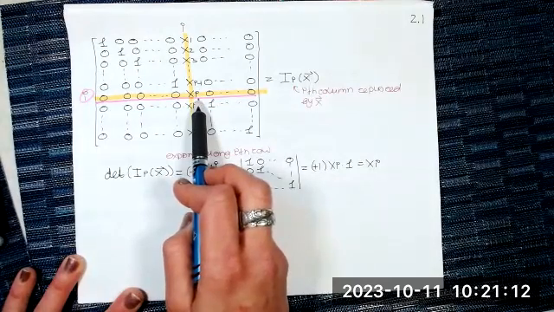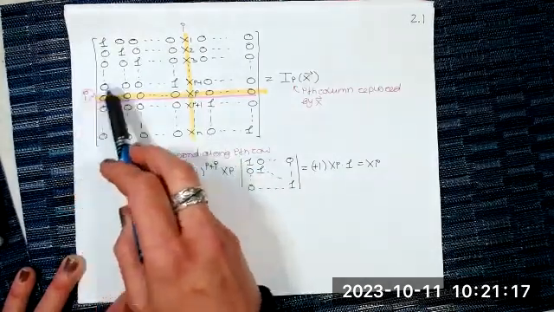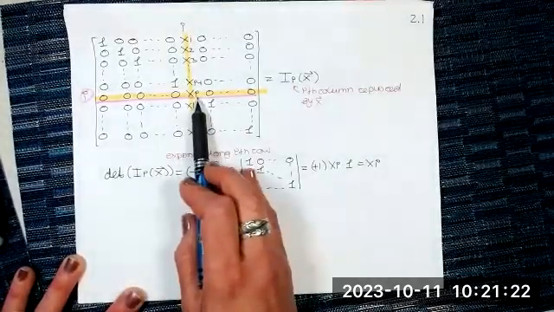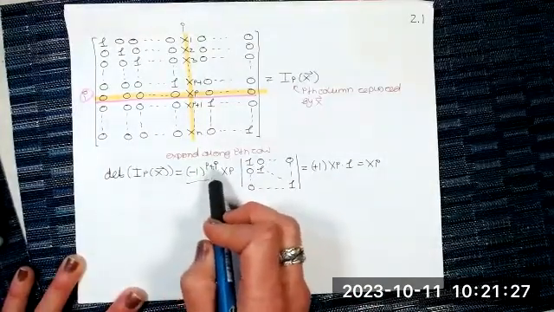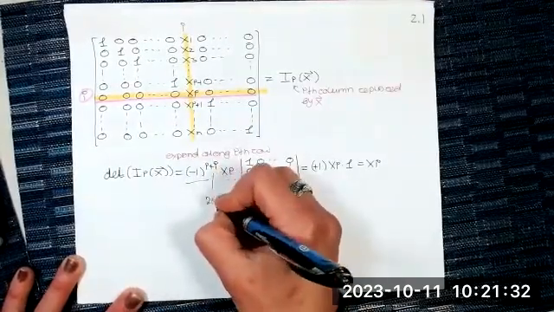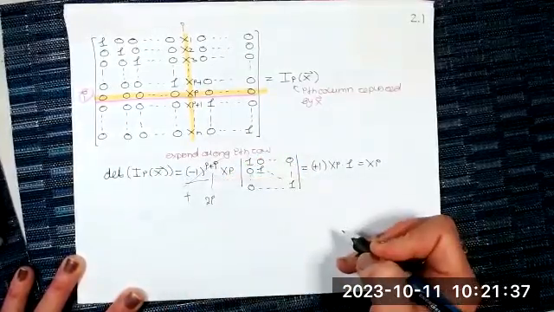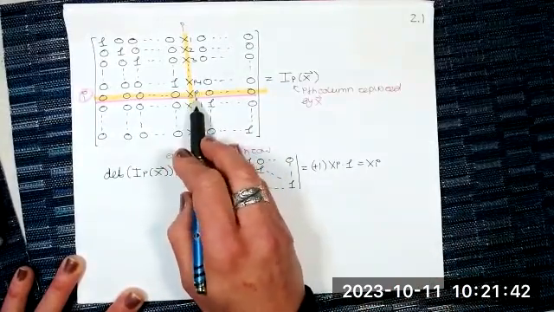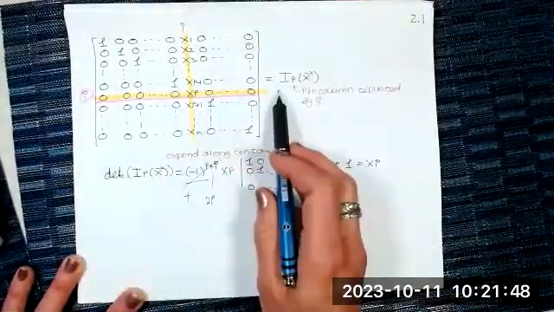So if I do my cofactor expansion, this x_i is located in the i-th row and i-th column, and it's the only non-zero entry. I have -1 to the power i plus i, and i plus i is 2i, which is an even number, so this will be plus. Then I have the element in my row, x_i, multiplied by everything that's left when I remove the i-th row and i-th column.